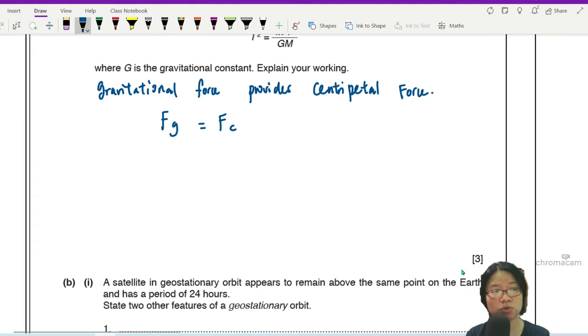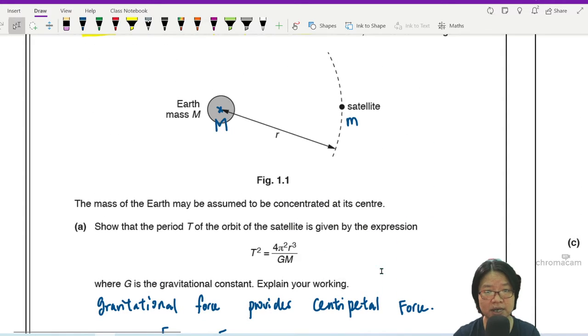So now we are going to write down the equation from Newton's law of gravitation. Gravitational force is G, mass of the planet, mass of the satellite, because the force of attraction is between the mass of the planet and the satellite. The planet or Earth is attracting the satellite, so this is your Fg. But the satellite is also attracting Earth.